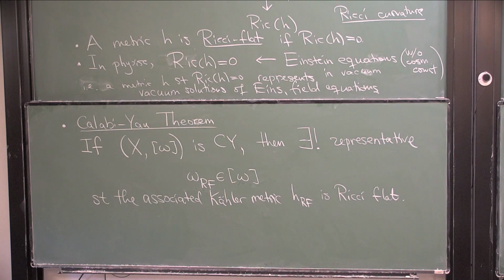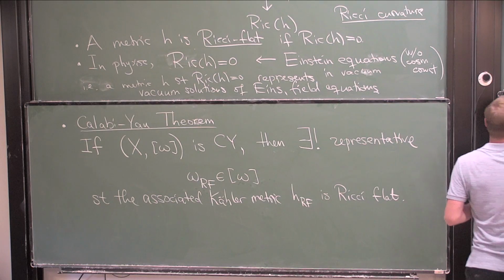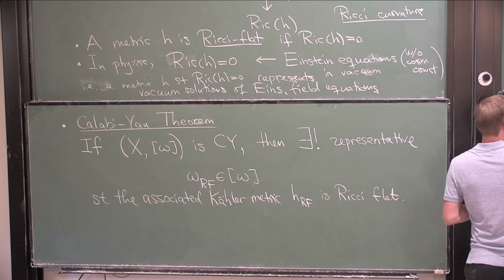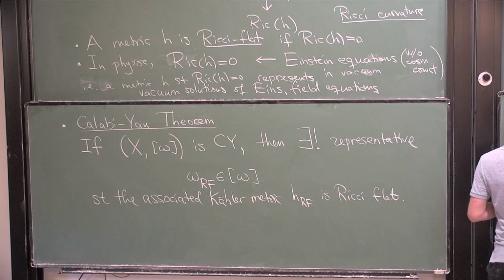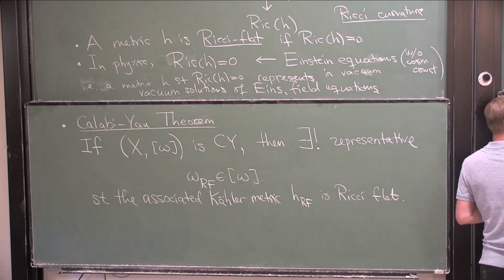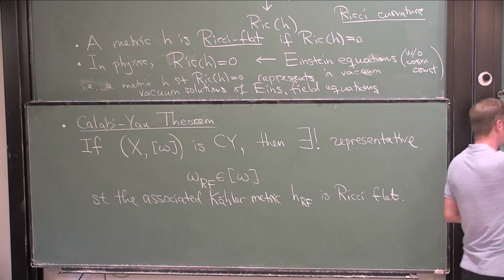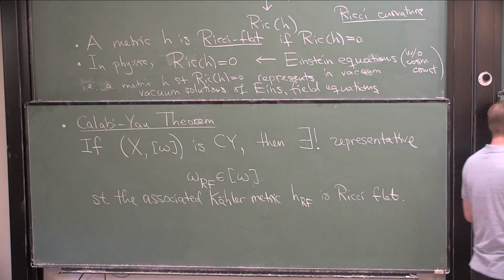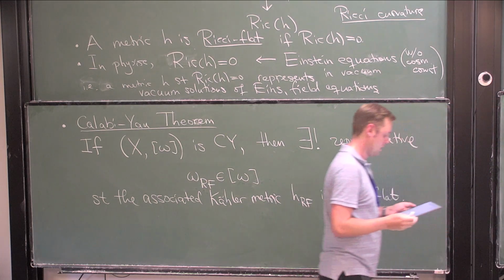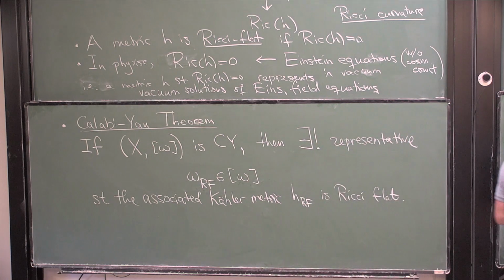So let me finish by going through some examples again of this phenomenon. First of all, for example 1, this was a Kähler manifold, the complex torus.